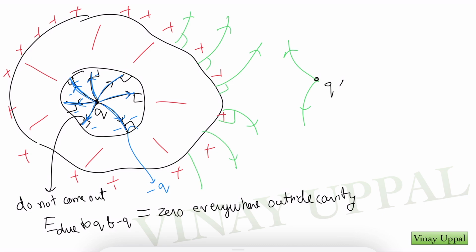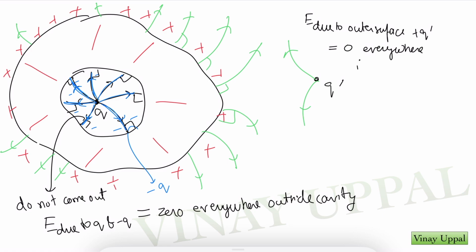They do not enter inside the conducting boundary. They do not enter inside the outer boundary. So mathematically that means that the electric field due to the outer surface plus Q dash, the field lines due to the outer surface as well as Q dash, is 0 everywhere inside the outer boundary.